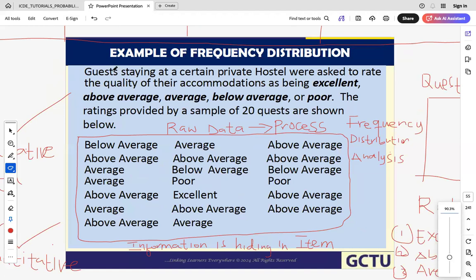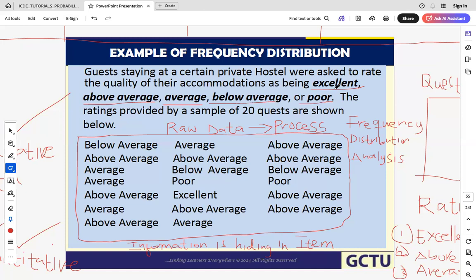It says guests staying at a certain private hostel were asked to rate the quality of their accommodations as being excellent or above average or average or below average or poor. So these are the 5 options.